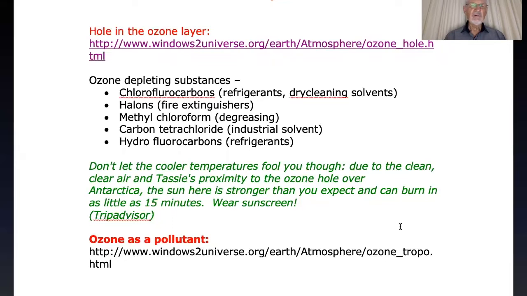And you might remember, or you might have seen, that a number of refrigerants are now not being used because of their effect on the ozone layer. And so we limit halons, we limit other chemicals such as carbon tetrachloride, and particularly the hydrofluorocarbons, which we know are instrumental in depleting the ozone layer.